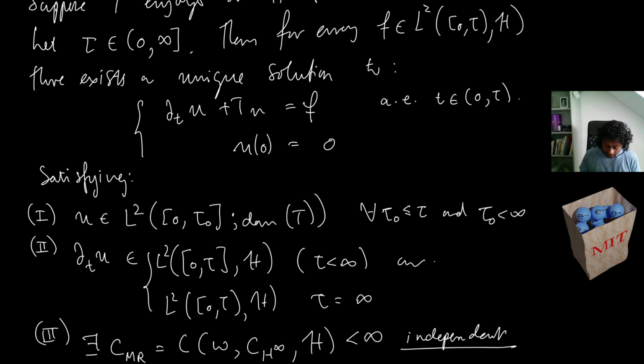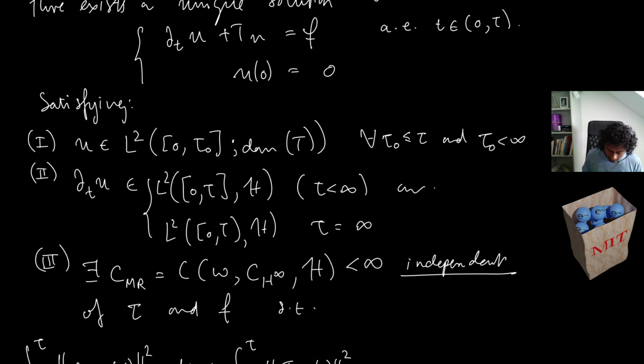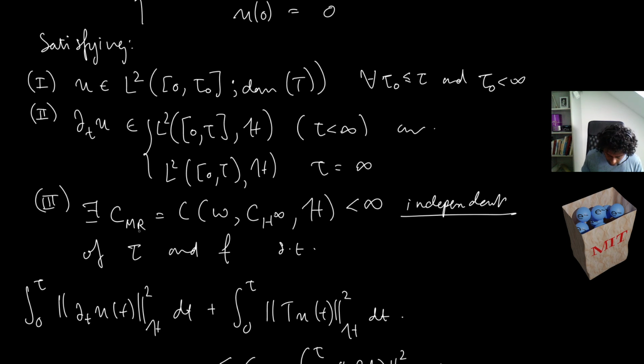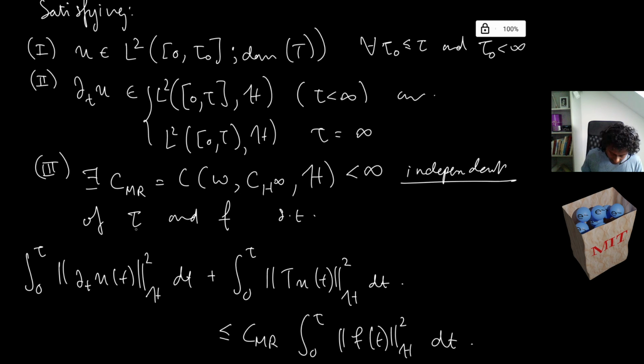So it's only going to guarantee that we are landing in the domain of T on a finite cylinder, right? That's what the first condition says. But the partial t of u is fine, right? The partial t of u will actually exist on the infinite cylinder. But the point here is that the constant that we're getting really is independent of the tau and the f. So it's really on the infinite cylinder. Okay, so the independence of tau here really comes down to the fact that this is really a constant that we get on the infinite cylinder, regardless of the problem.